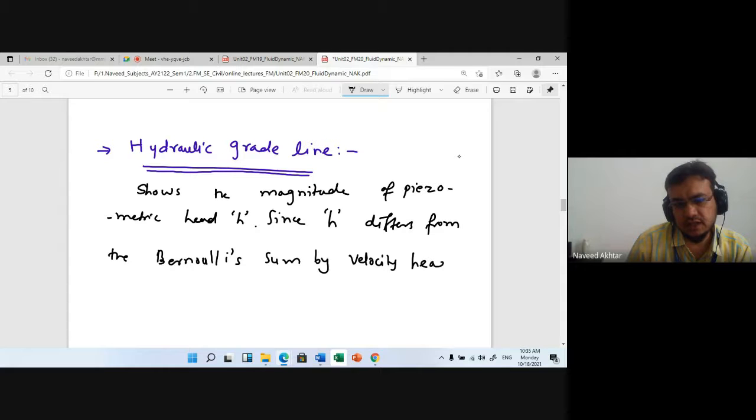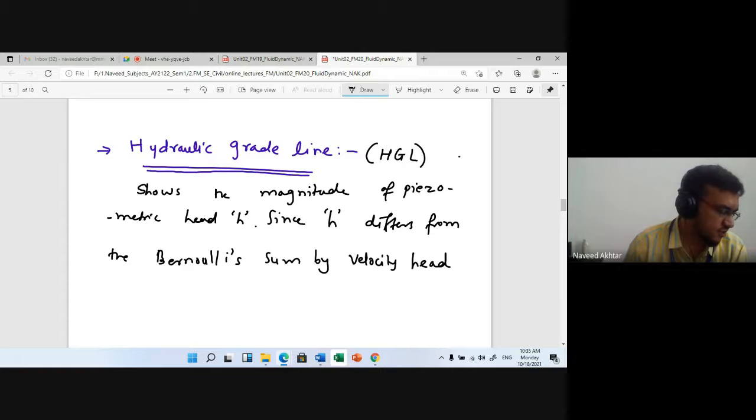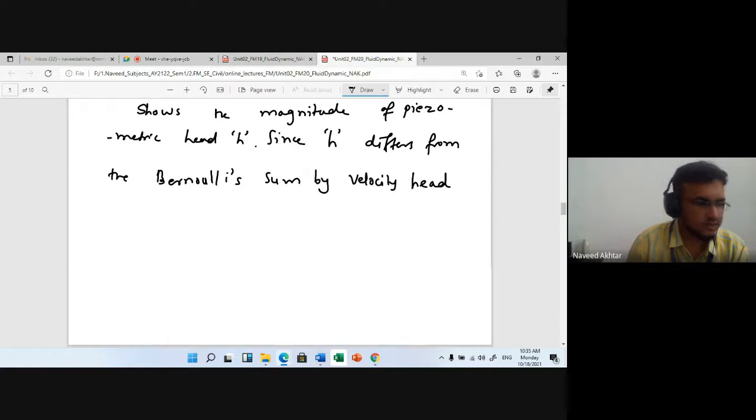So while drawing or sketching the hydraulic grade line, that is HGL, the velocity head is not considered. The velocity head is nothing but V square upon 2G.